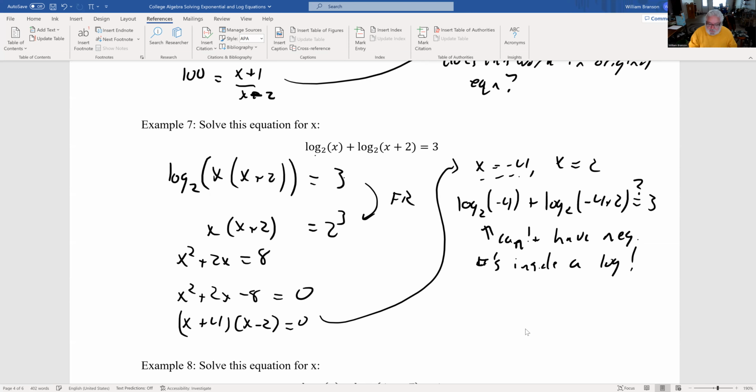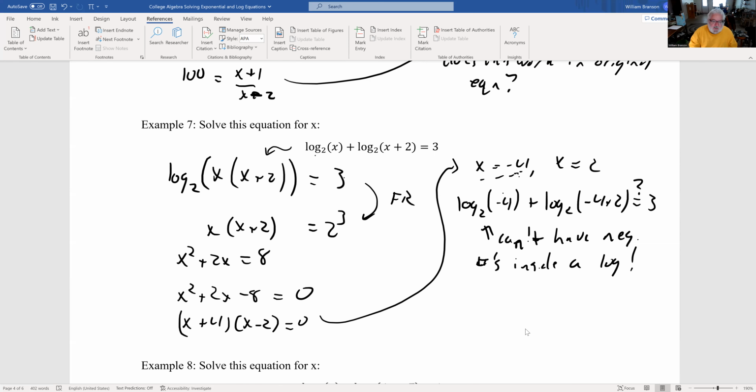So it doesn't work. Why did we get minus 4 as an answer? Well, when we did this step, when we combined them, this would be minus 4 and minus 2. And when we combine them by multiplication, the minus 4 times the minus 2, the two signs cancel out.